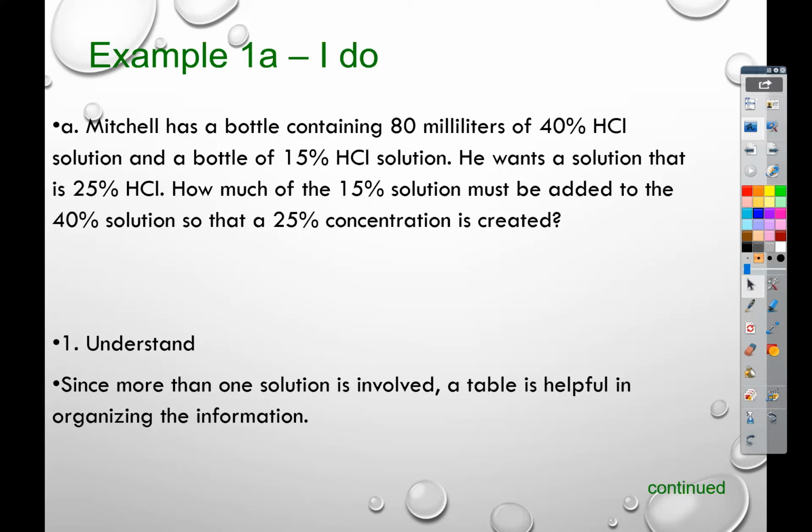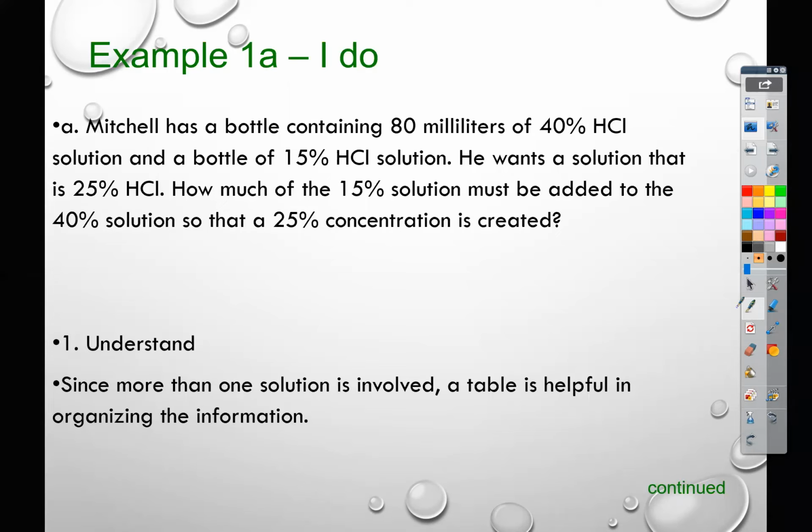All right, I'm gonna write what I'm thinking as I'm thinking it, but then I'll show you a table to help you organize this a little bit better, okay? But this is just what I'm thinking so far. Mitchell has a bottle containing 80 milliliters of 40% hydrogen chloride and a bottle, we don't know how much, of 15% hydrogen chloride.